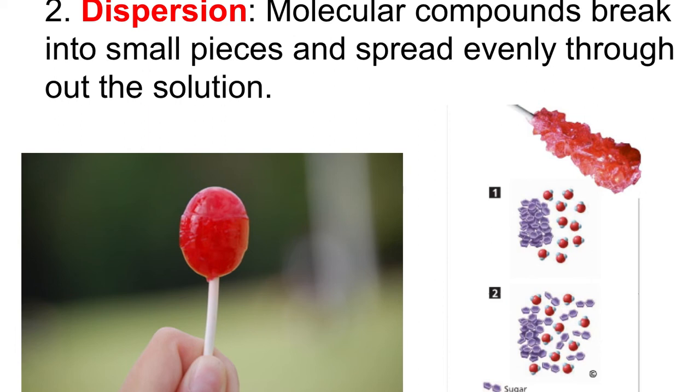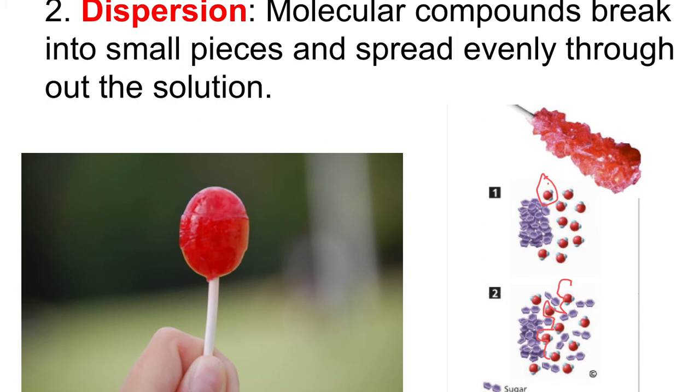Lollipops are made out of 99% sugar, and sugar molecules are polar. So what happens is the water molecules come in contact with the sugar molecules, and they're going to start getting in between them all and breaking them down into individual pieces.